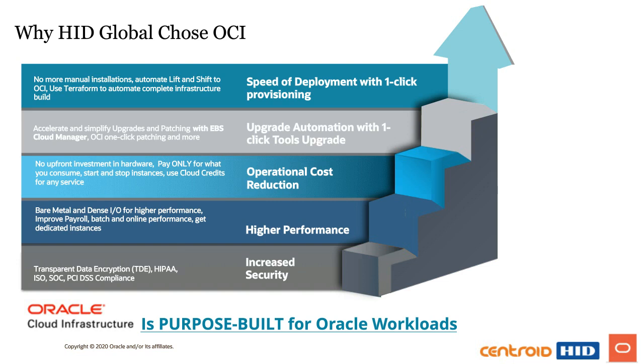In fact, when we started that cloud journey with HID, we did a quick evaluation from a dollar perspective of what their current spend was in their data center to host their applications and technology: the hardware, the software, the virtualization, the networking, power, cooling, all the hard and soft costs. OCI, just from one flat UCC, came in at 50% less than their annual spend. So it was kind of a no-brainer just from a cost perspective, moving their workloads into OCI.